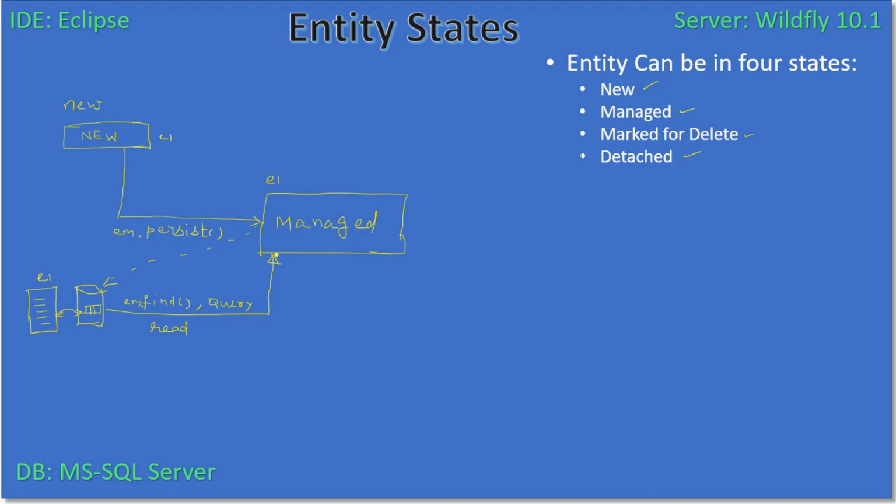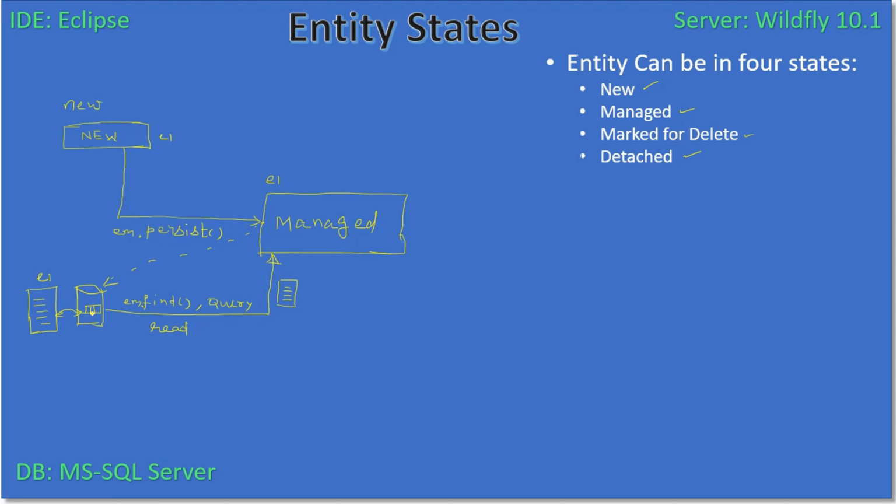Let's say find uniquely identifies a record, it will return that record and create an entity instance, and the entity instance will be in the managed state. That means here we queried it from the database and the link exists. Here it's not new, the record was already there in the database and you retrieved it using the find or query method.